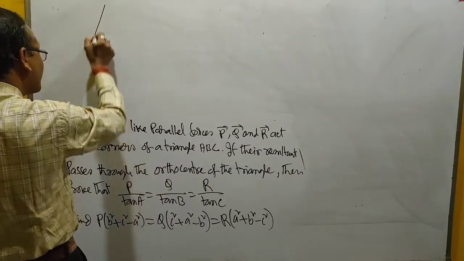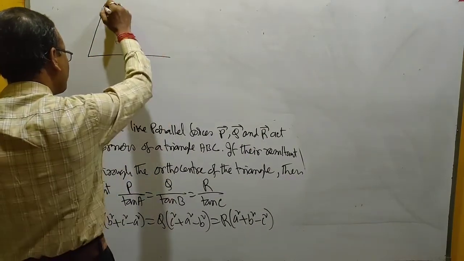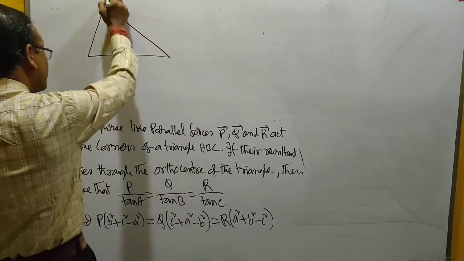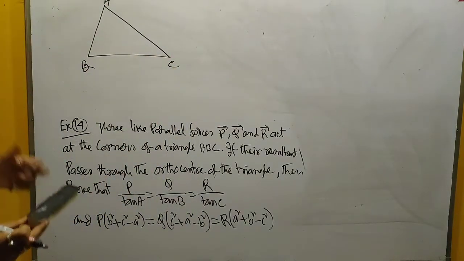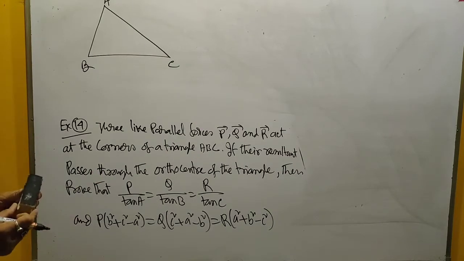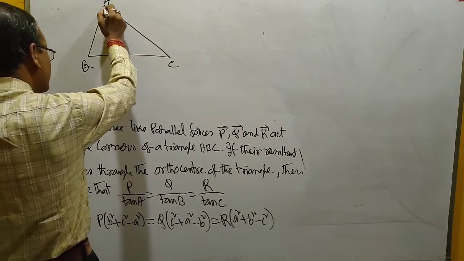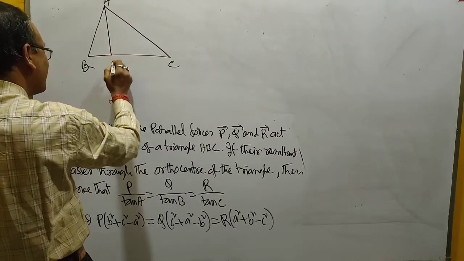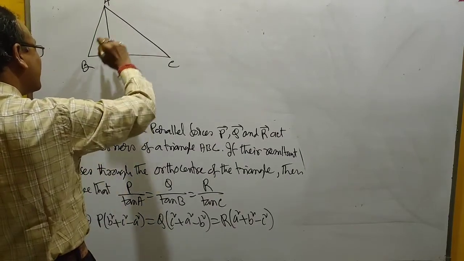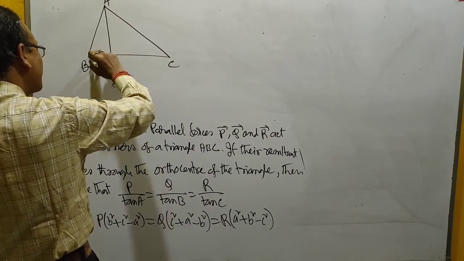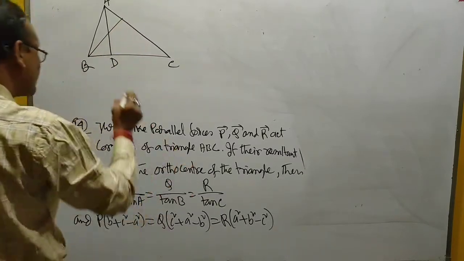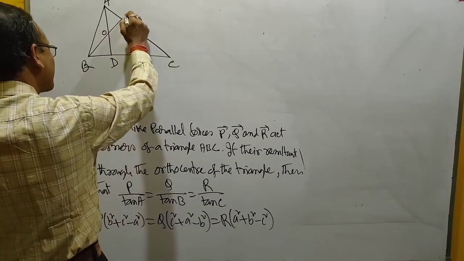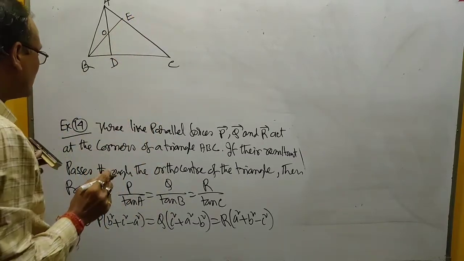Now, suppose this is triangle ABC. Same thing. The resultant passes through the orthocenter. Suppose O is the orthocenter. It will be like this.